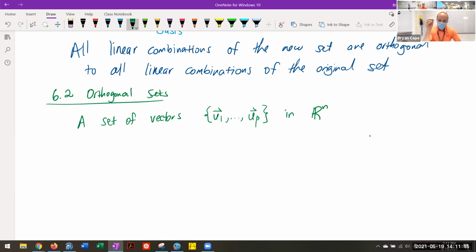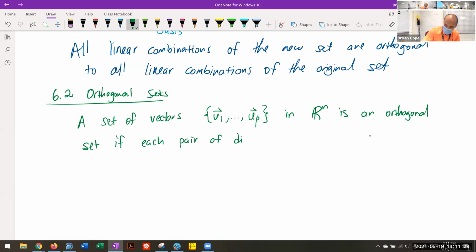So a set of vectors U1 to UP in Rn is an orthogonal set if each pair of distinct vectors from the set is orthogonal.